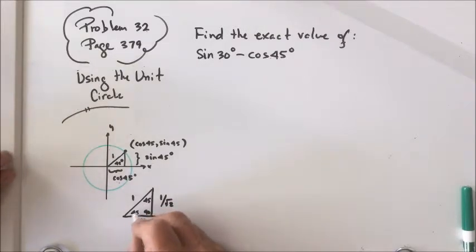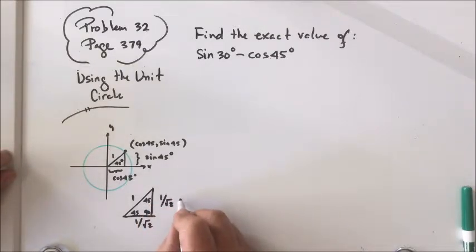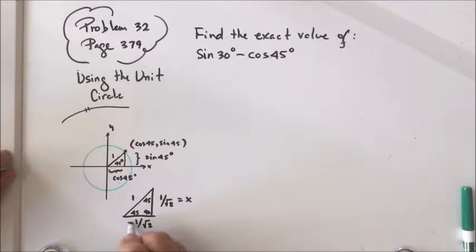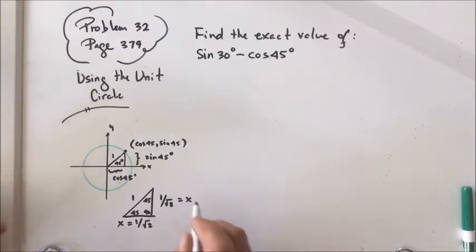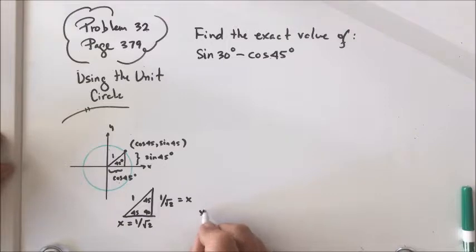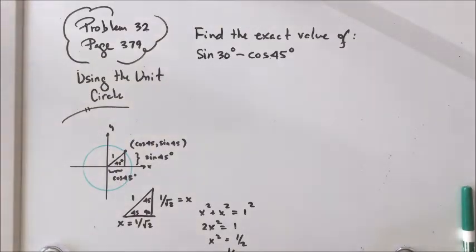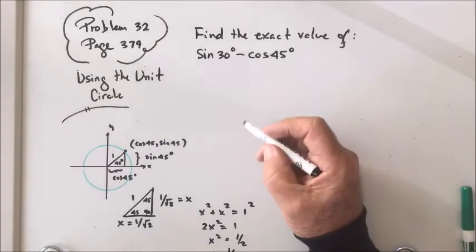This is an isosceles triangle, so if we call both sides x, the Pythagorean theorem says that one side squared plus the other side squared is equal to the hypotenuse squared. That's 2x squared is equal to 1, so x squared is equal to 1/2, so x is equal to 1 over root 2. I won't say it's plus or minus, but in fact it is.